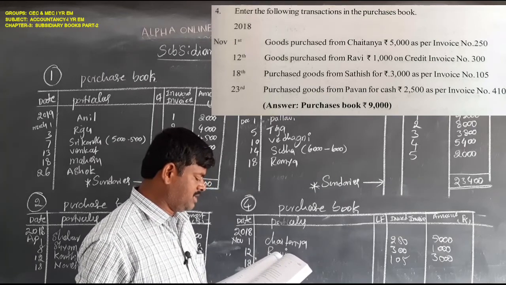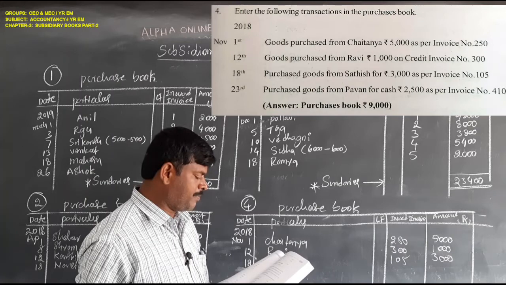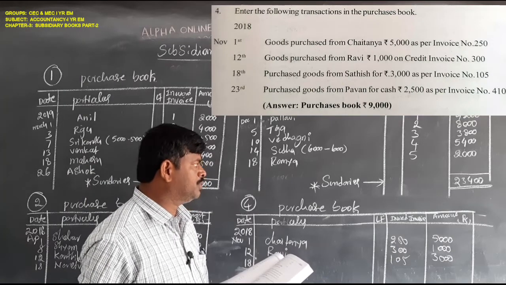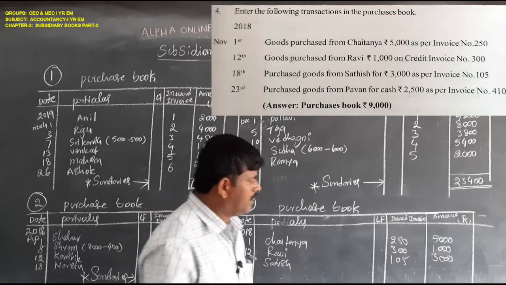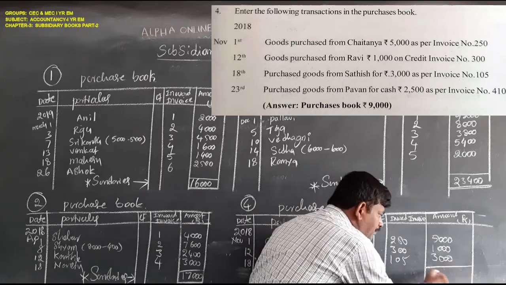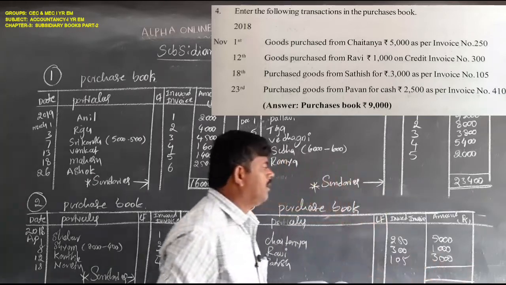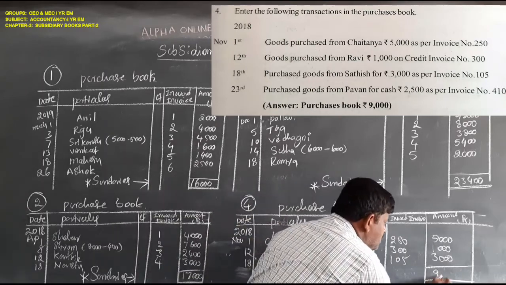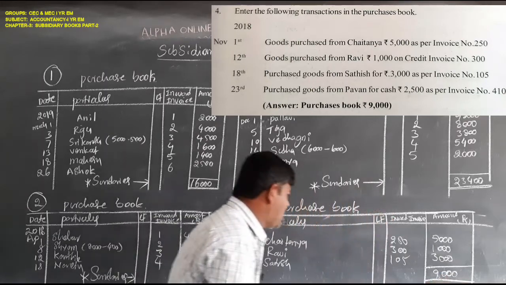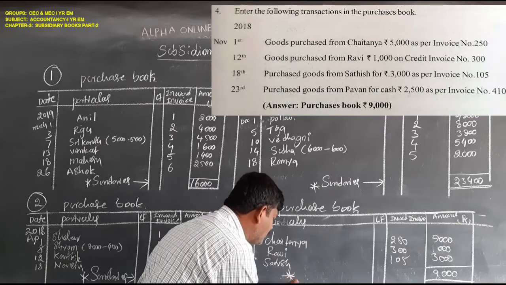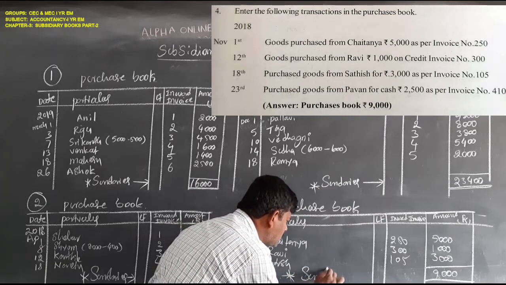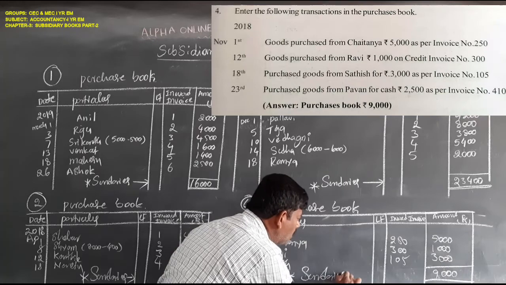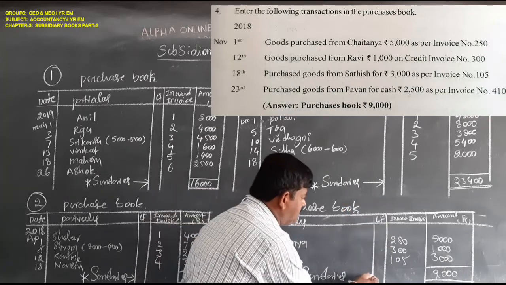So the 25th, goods purchased from Pavan for cash, does not come into the purchase book. Simply total them. 8 plus 1, 9,000 rupees. So you have to write sundries here. This is the purchase book.